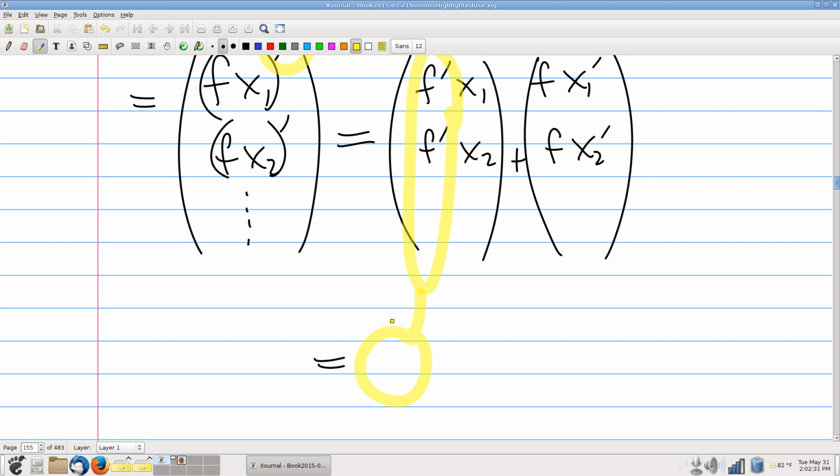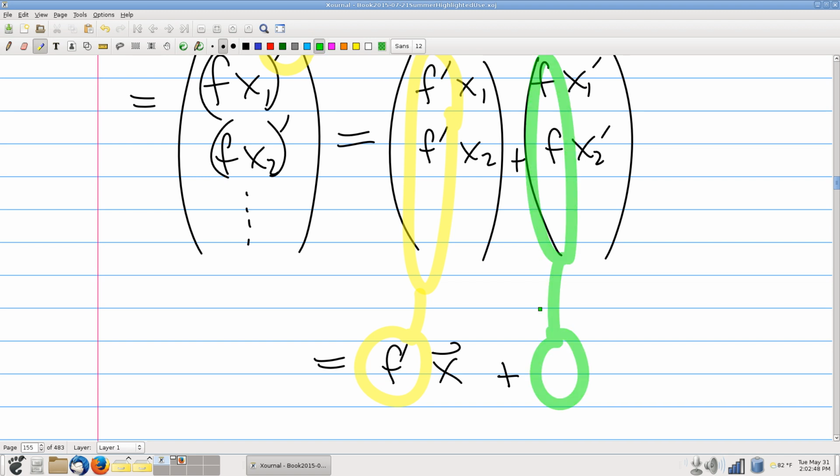I'm going to put that here. So I have f' times, and what's left over is just the x vector. And then plus, here I have a common factor of f, and what's left over is exactly the x' vector. And so that's what we're supposed to show.